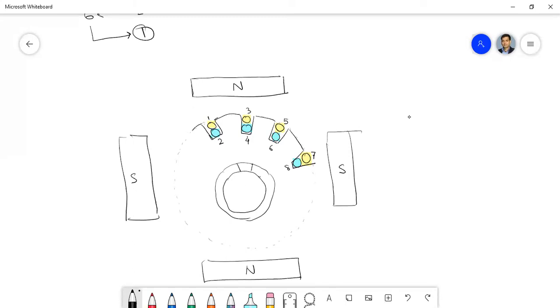So this is 1, 2, 3, 4, like this, and this will come 12, 11, like this. This is how you have to complete this.